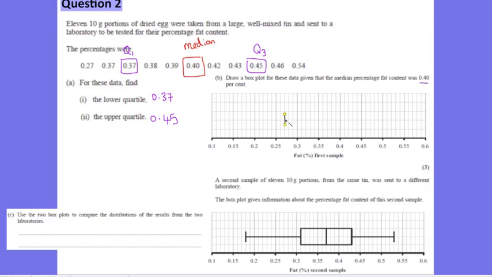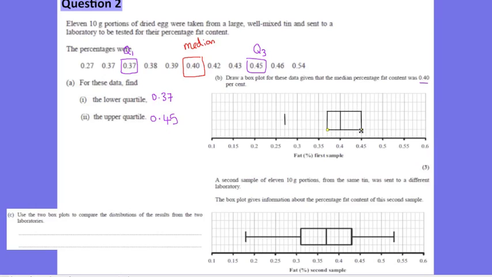We then have our lower quartile, which is at 0.37, which is our larger line here. Moving on now to our median at 0.4 here. And our upper quartile at 0.45. Connecting our lines to create the box.